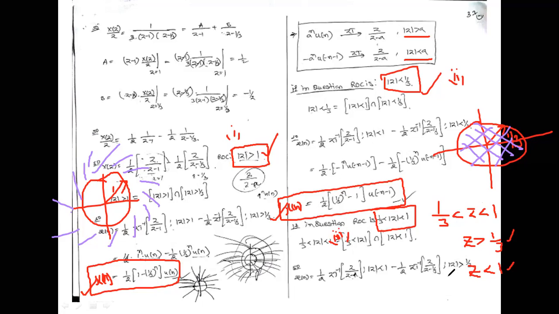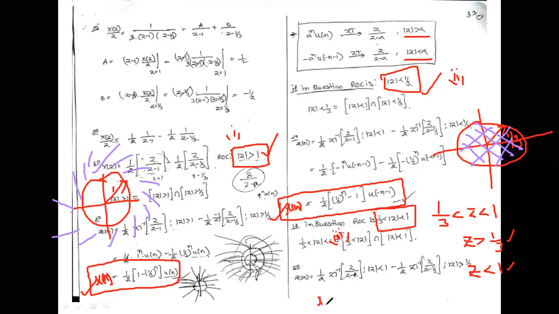So z is greater than 1 by 3, you can write z is less than 1. Z is greater than 1 by 3. So for the function where we have the 1 by 3 value, we can write that as 1 by 3 whole power n mu of n. And in the function where the value is 1, in that you can write as minus of 1 power n mu of minus n minus 1. Okay.